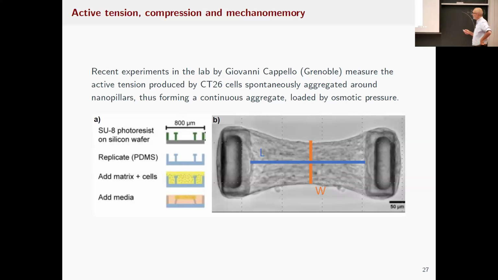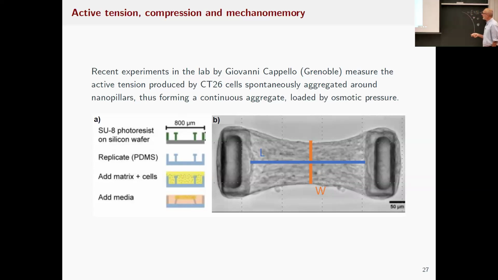The experiment is the following. They take two nanopillars, these ones, and between them they are flexible. So depending on the bending angle, you can recover the force. They measure the forces depending on the bending angle.